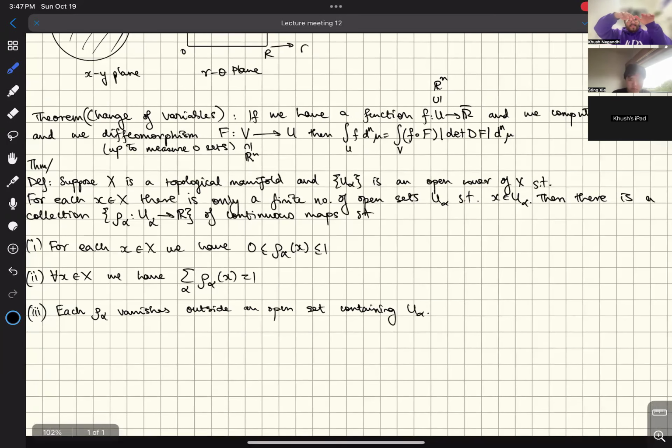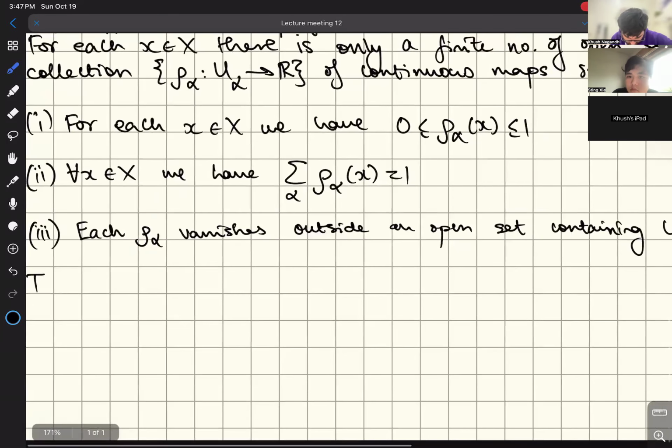So the idea is that you can use partitions. Oh yeah, and then u alpha, rho alpha is called a partition of unity.